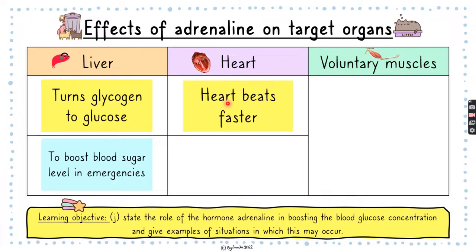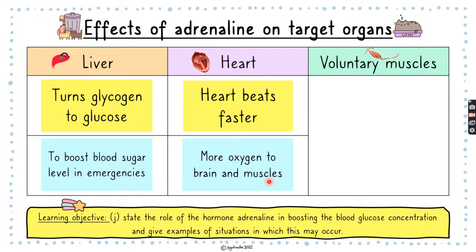Another way for adrenaline to help you during the fight or flight is to make sure that your heart will beat much faster. And this will help more oxygen to be sent to your brain and your muscles as well. Your brain will help you be more alert, and you need your brain to be alert when you are trying to fight someone or flying away, as in running away from someone.